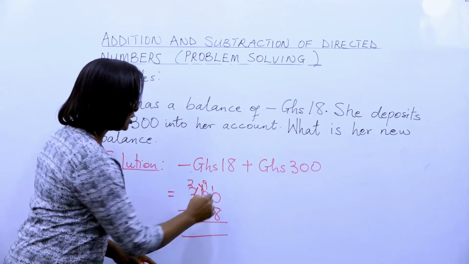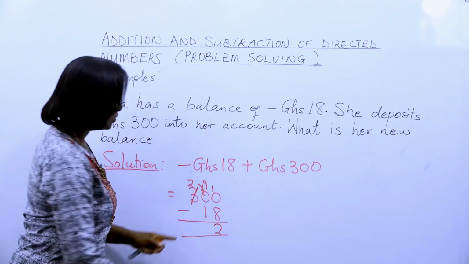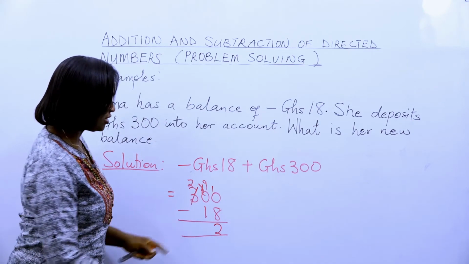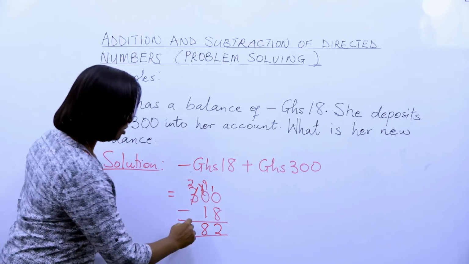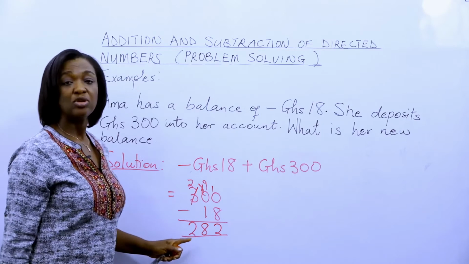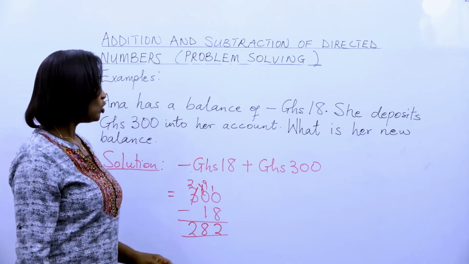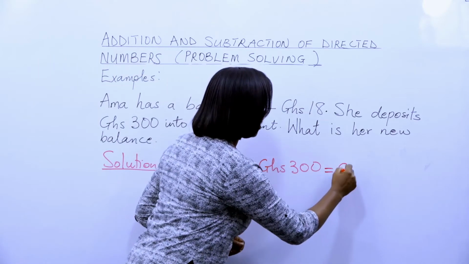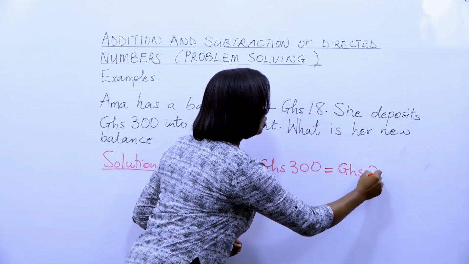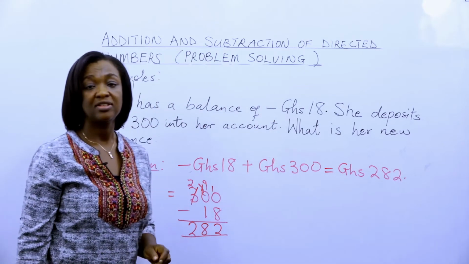And then this becomes a 10. 10 take away 8 is 2. 9 take away 1 is 8. And then we have 2 left there. So our answer is 282. So Amma's new balance will be 282 Ghana cedis.